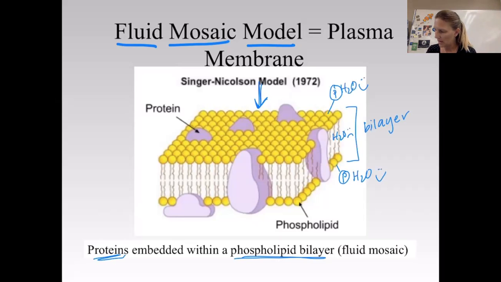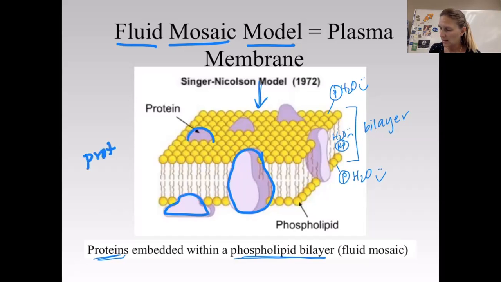However, those tails, which are nonpolar, hide away because they do not like interacting with water. Within this phospholipid bilayer, you also see these big purple blobs, and those are proteins.